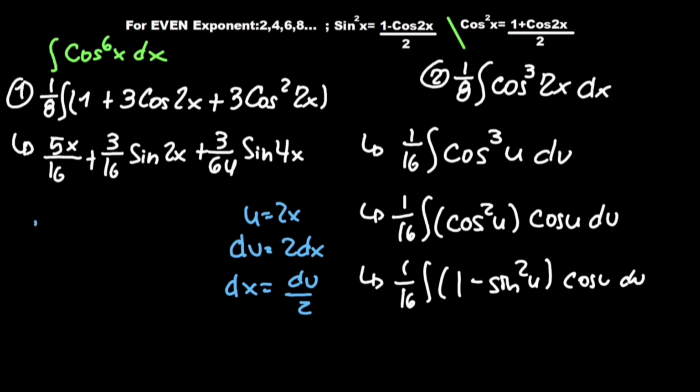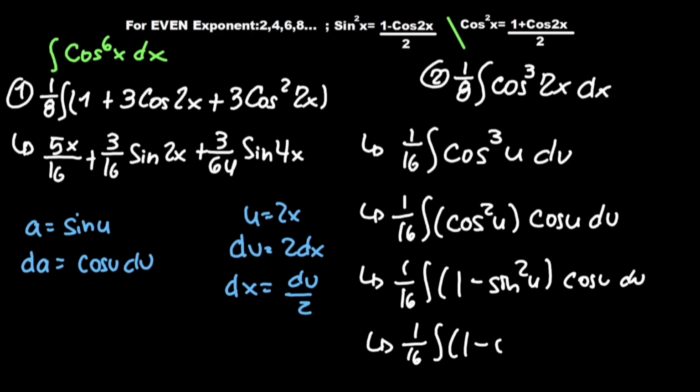And so let a here be sine of u. Derivative of sine would be cosine of u du. So this would be 1 over 16 integral of 1 minus a squared da. Wait, this should be a, I mean.